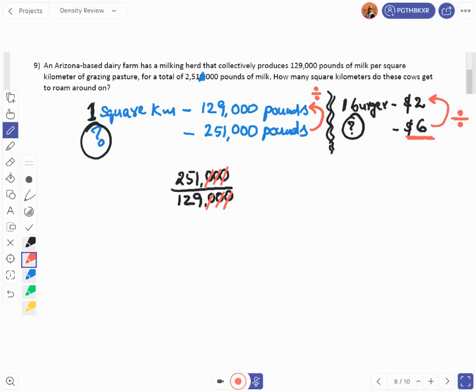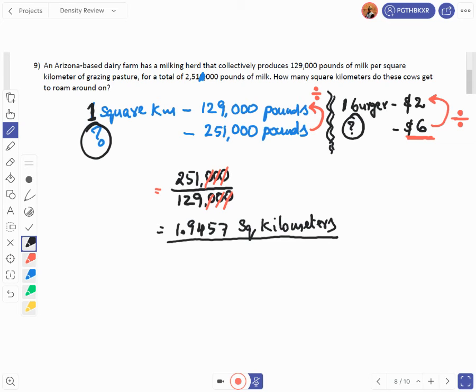Using my calculator, this is equal to 1.9457 and so on. These many square kilometers of land are required for these cows to graze.